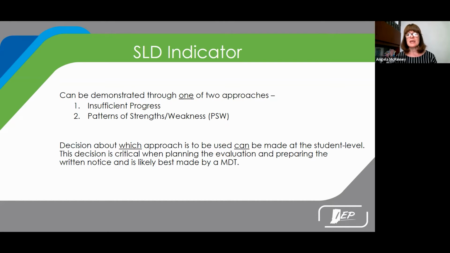You shouldn't go into an evaluation, collect a bunch of data, and say, let's see what filters out and which one I can make a case for, because with insufficient progress you're looking at 20-day evals. Pattern of strengths and weaknesses are 50-day evals, if you follow all the other criteria for determining timeline. But in general, that would be the case.